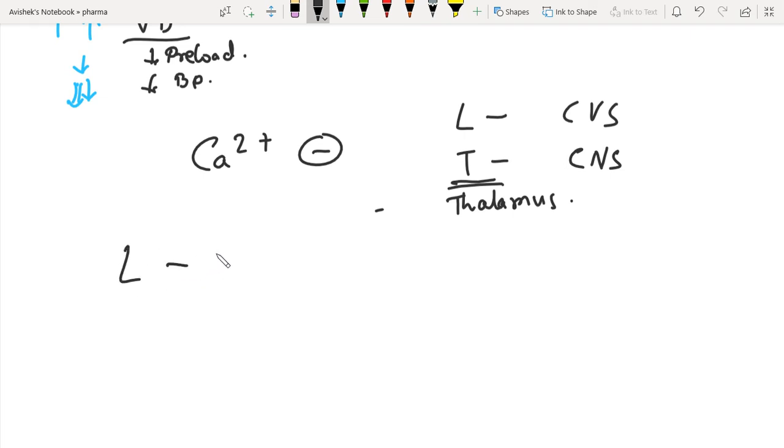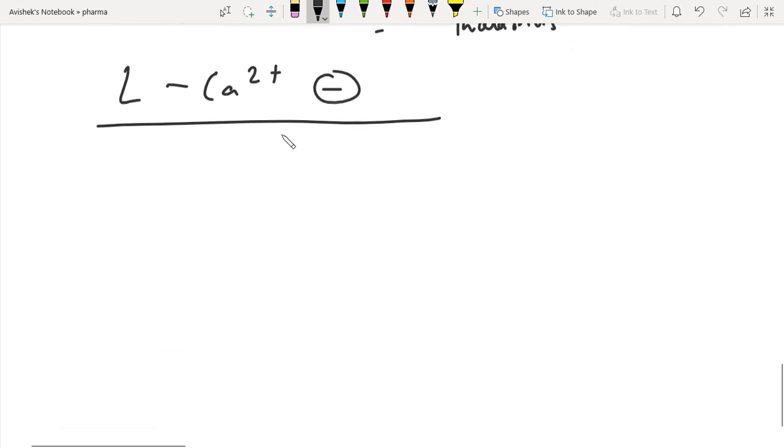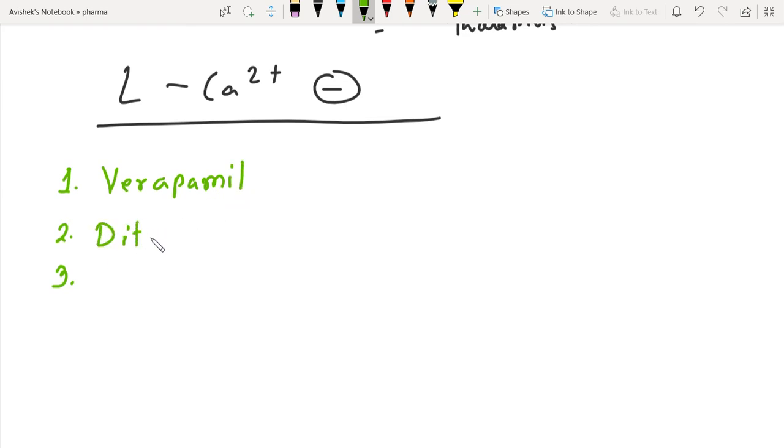So we block only the L type calcium channel. So there are three major drugs and some subtypes: verapamil, diltiazem, and DHPs, dihydropyridines.